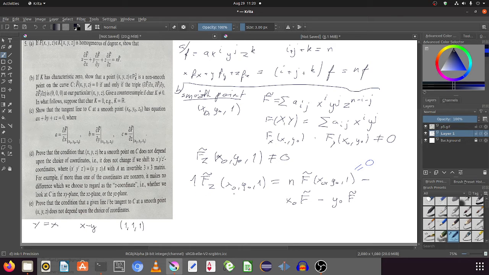And the derivative with respect to z does vanish. But this was wrong. One of them must be distinct from 0. So we just, oh man, I've been dumb. We don't need this at all. It's far too complex.